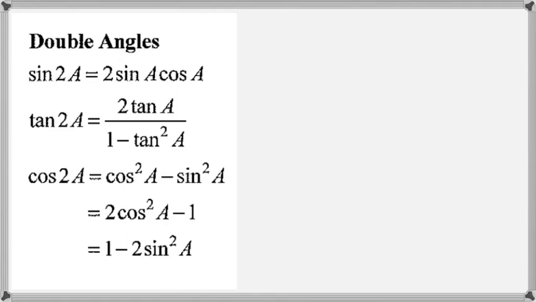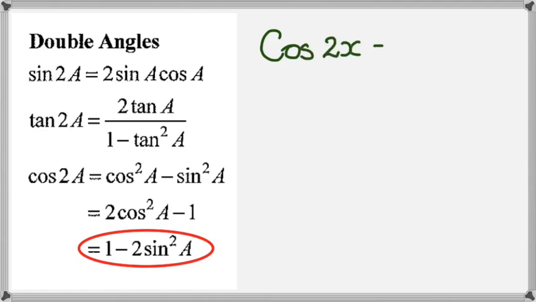So, the formulas that we're going to be looking at are these ones here, the double angles. And since we're looking at sine squared x dx, we're going to be looking particularly at this one here in the red circle. So we can write up cos 2x equals 1 minus 2 sine squared x.